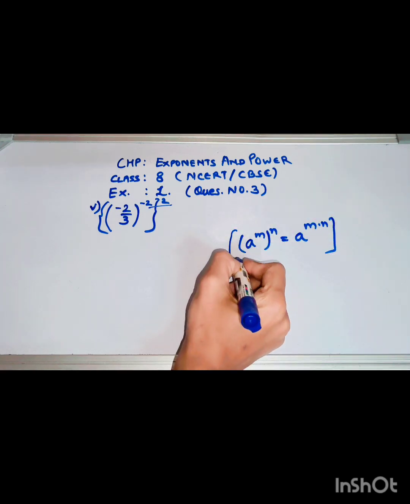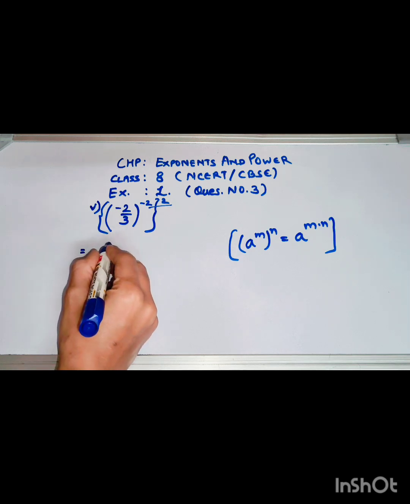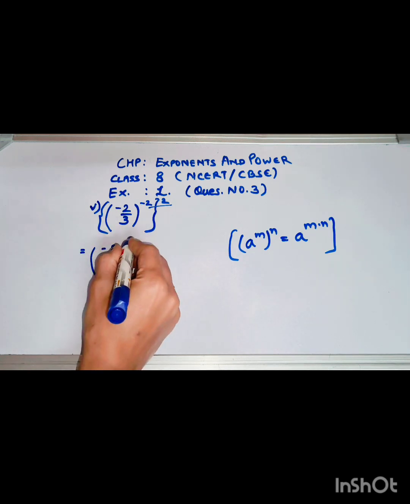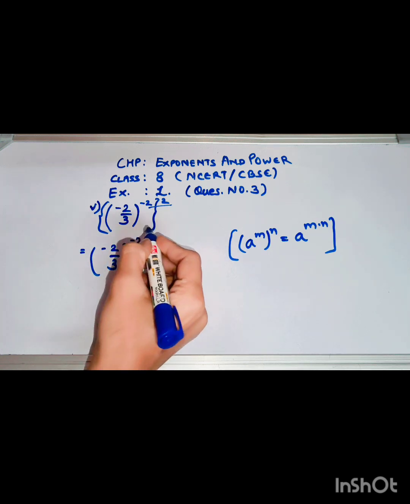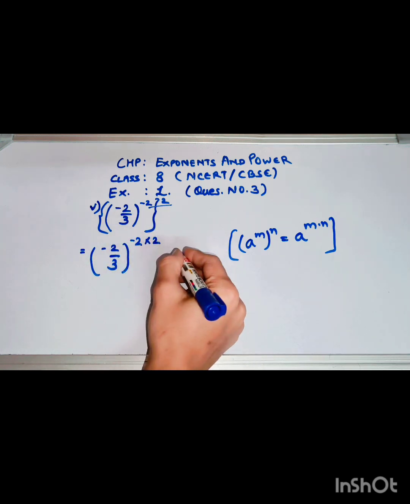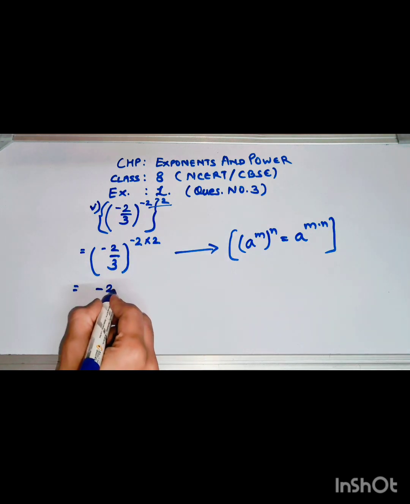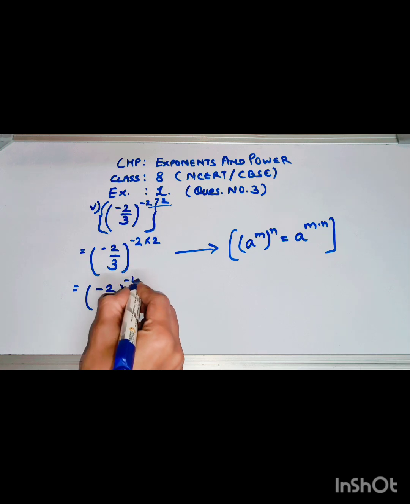Okay, so by this rule I will write here minus 2 divided by 3 whole raised to the power minus 2 into 2, which means minus 2 divided by 3 raised to the power minus 4.